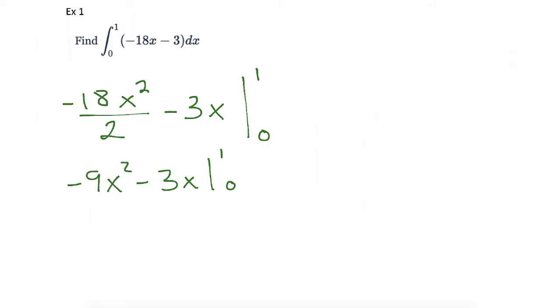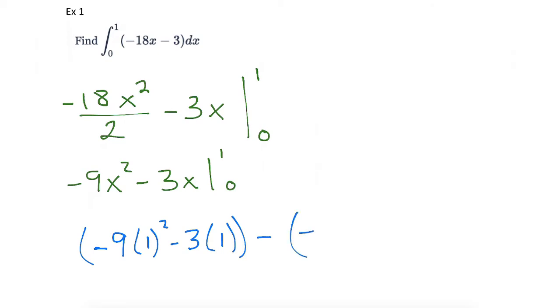to 1. So now what we're going to do is we're going to plug in that top bound. If we plug in that top bound, we got negative 9 times 1 squared minus 3 times 1 minus negative 9 times 0 squared minus 3 times 0.